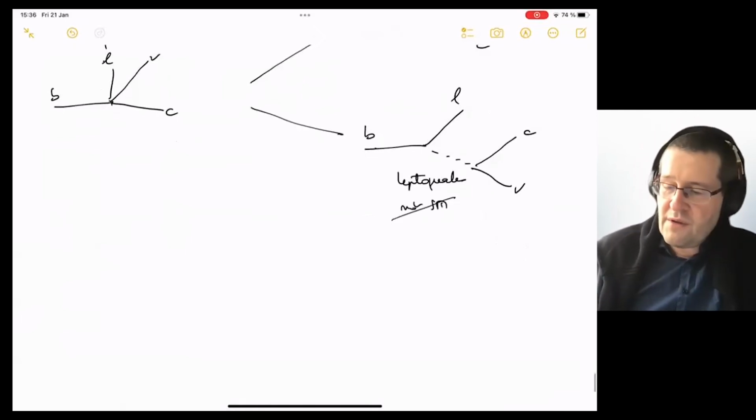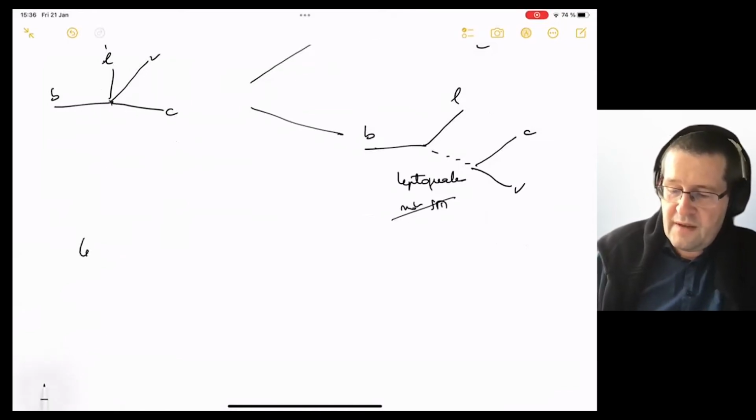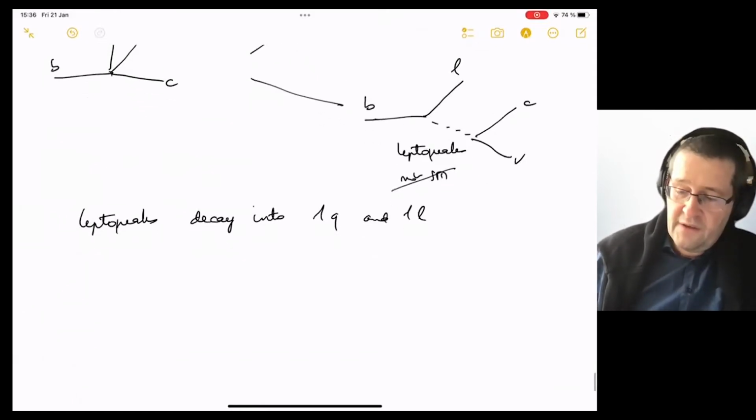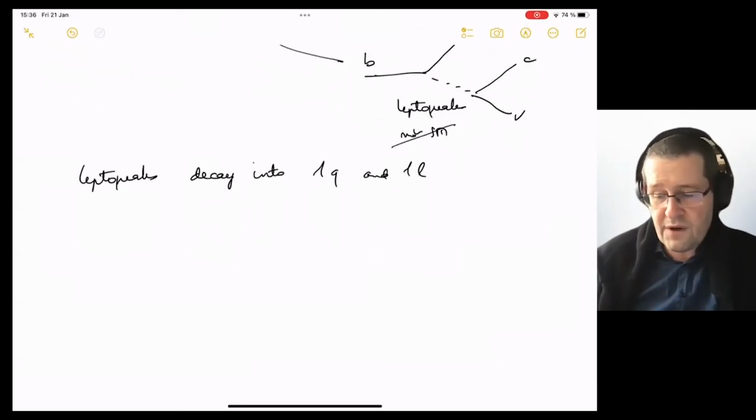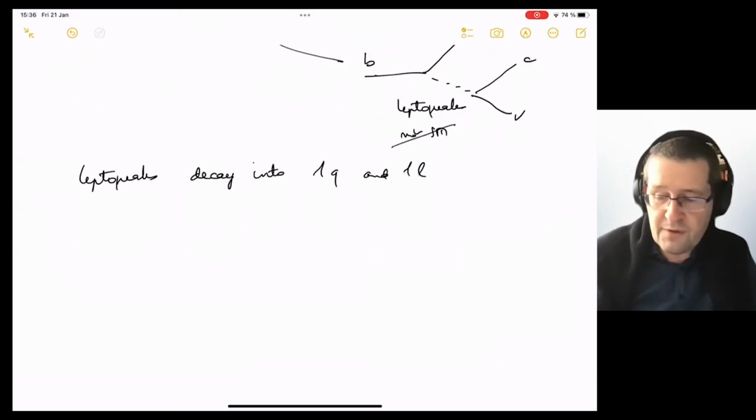And actually, you look at objects that can decay into one quark and one lepton. So then you can look at all the possible combinations, taking various objects, quarks and leptons in the standard model.